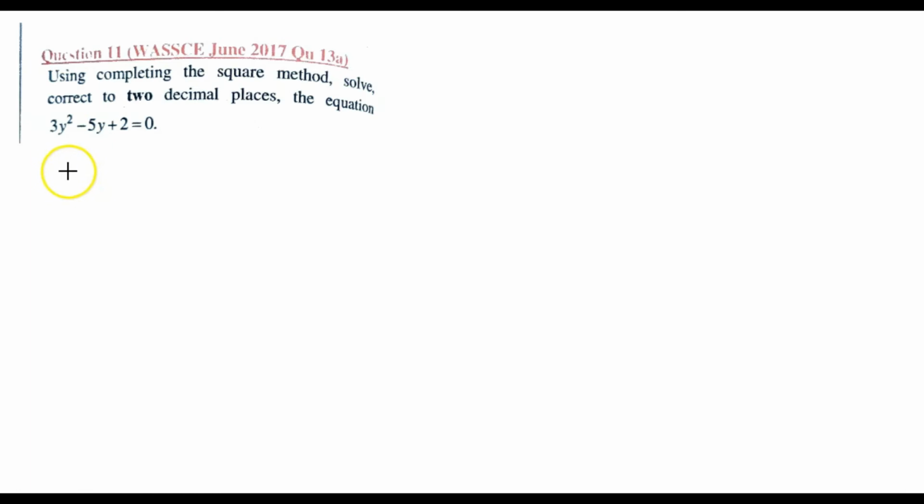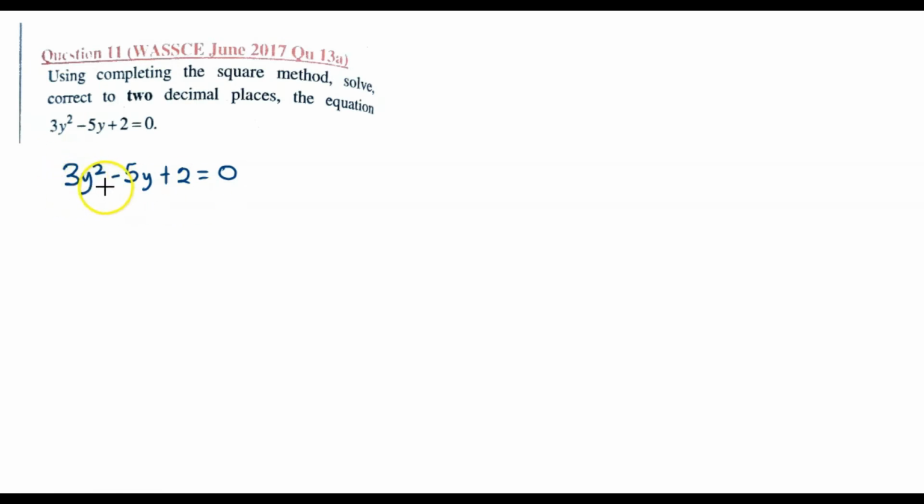And as I said before, to use the completing of squares method, you must see to it that the coefficient of the variable under discussion is 1. With respect to this question, the coefficient of y squared is 3.